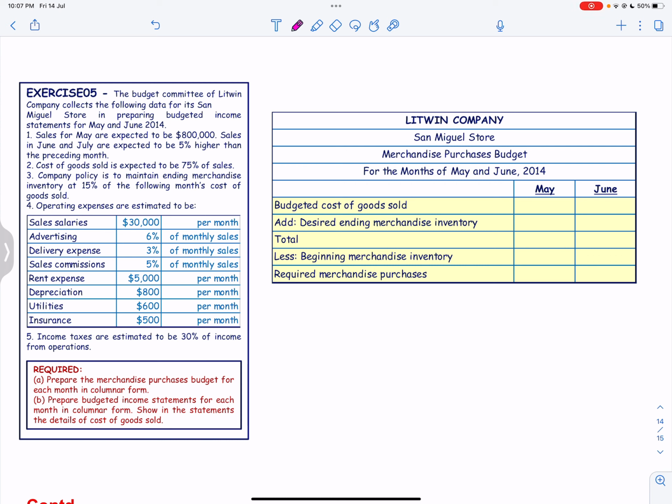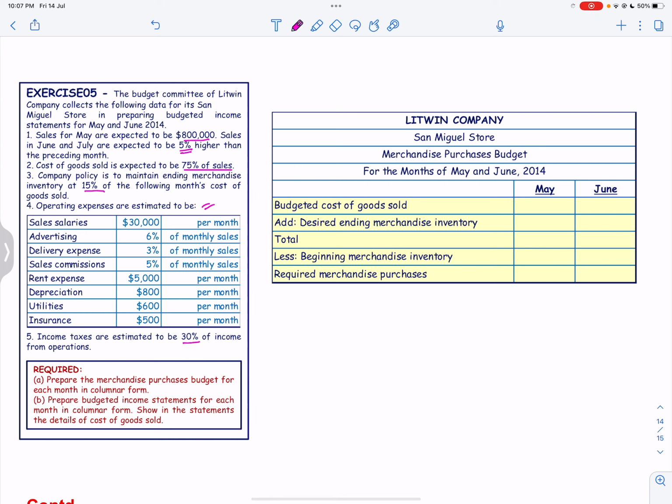Sales for May are 800,000. Sales in June and July are expected to be 5% higher than the preceding month. Cost of goods sold is expected to be 75% of sales. Company policy is to maintain ending merchandise inventory at 15%. Operating expenses are estimated to be as follows.